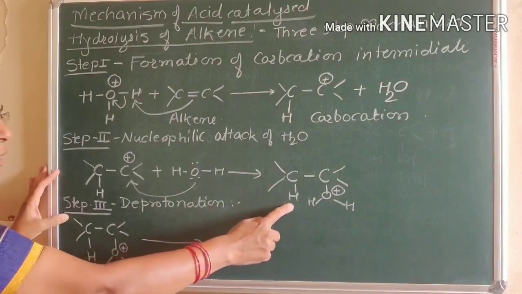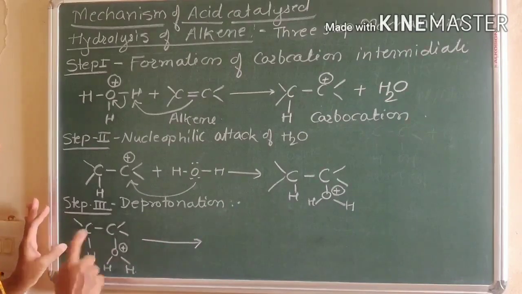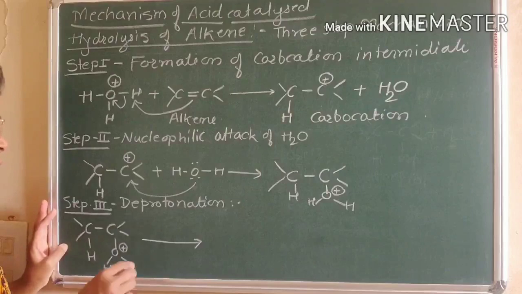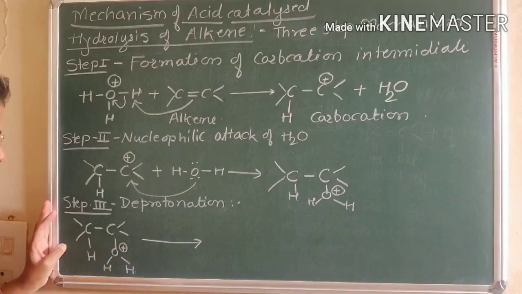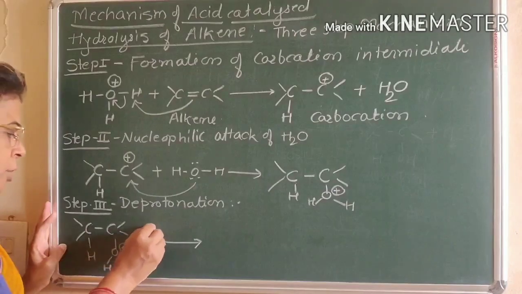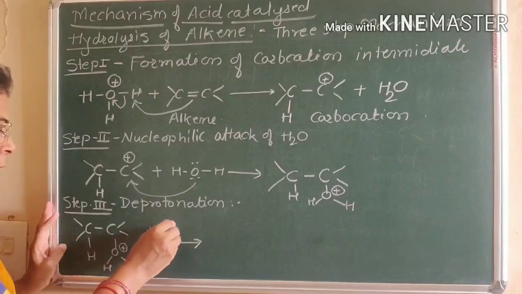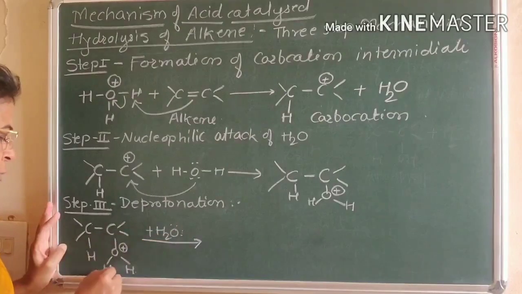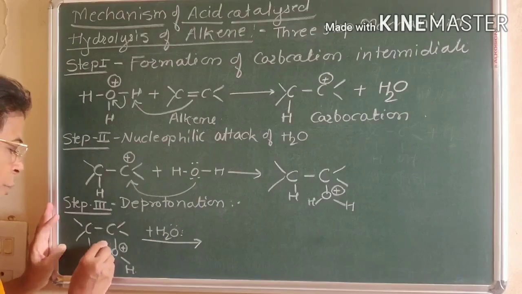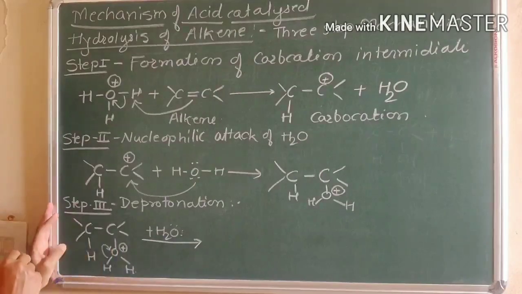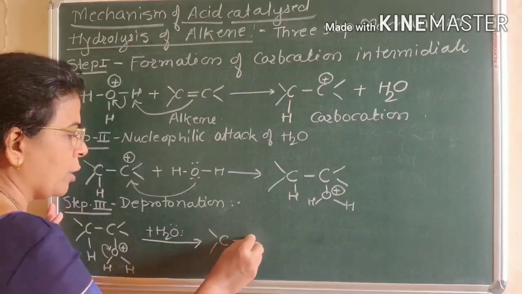Now this is the second step intermediate. In the third step, this intermediate is converted into alcohol by deprotonation. How does deprotonation occur? Here addition of H2O is carried out. When this H2O is added, this proton is absorbed by this H2O, and this electron pair gets shifted onto the oxygen atom, and deprotonation occurs.